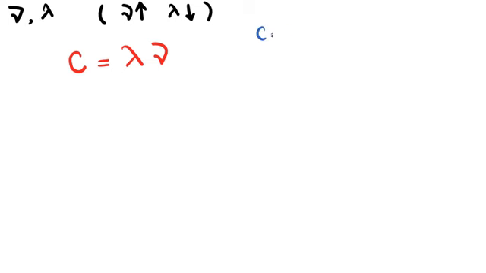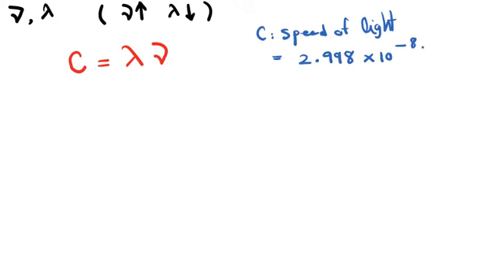c is the speed of light. This number is a constant, equal to 2.998 times 10 to the negative 8 meter per second.